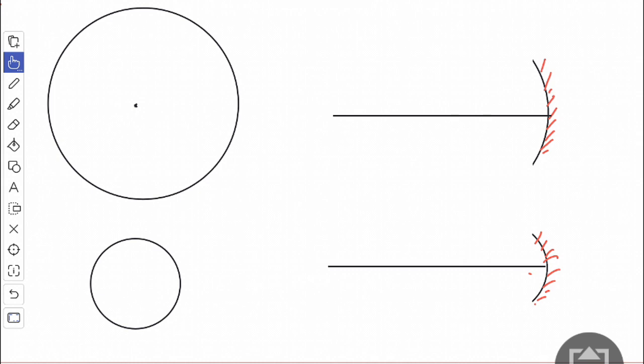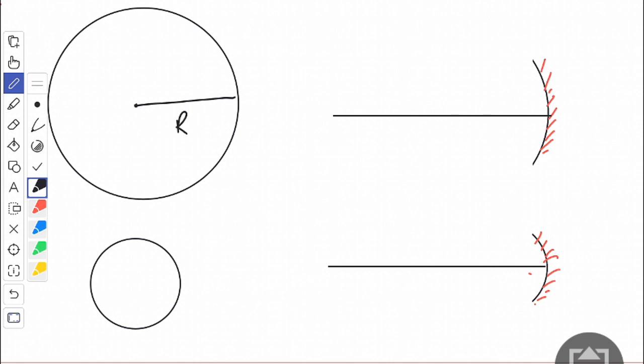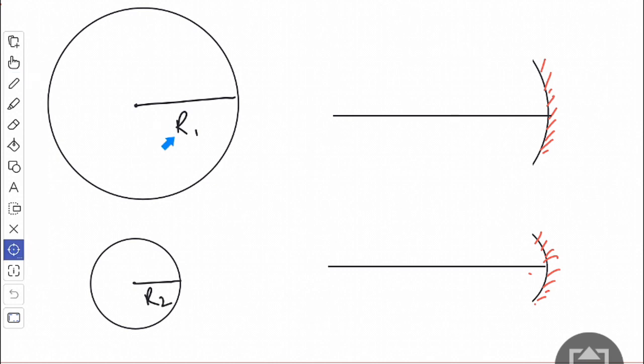So here we know that if you look at the radius of curvature, this radius of curvature is R1 and this radius is R2. And whatever is the radius, the same thing will become the radius of curvature. So this is going to be roughly here. Right? So this is going to be R1 and here this is going to be R2.